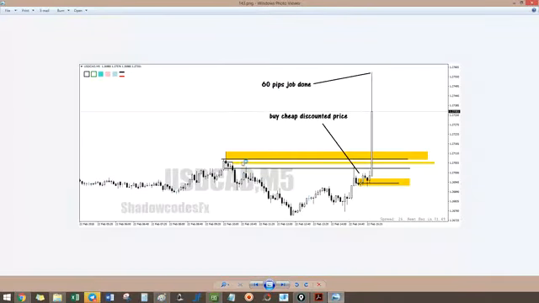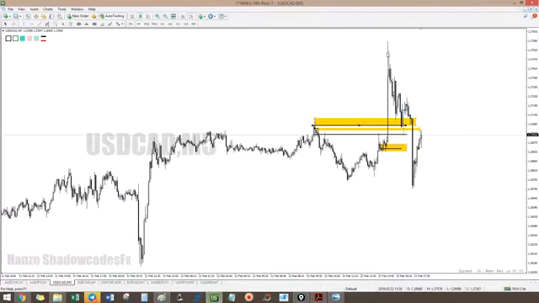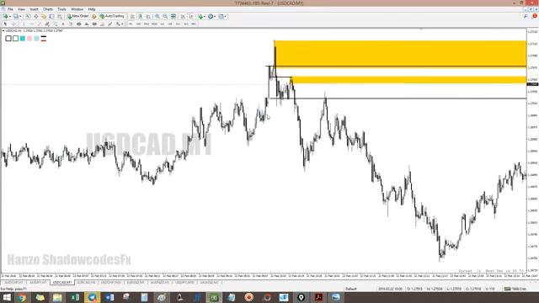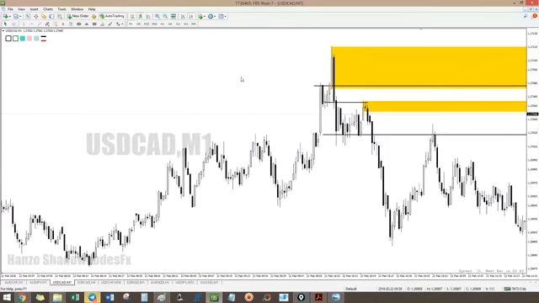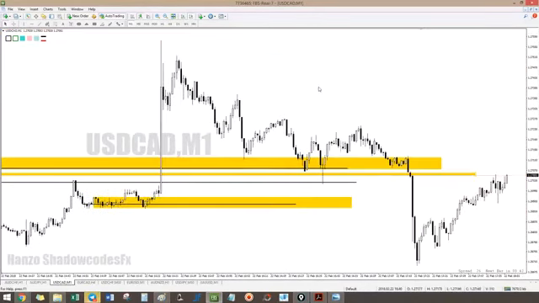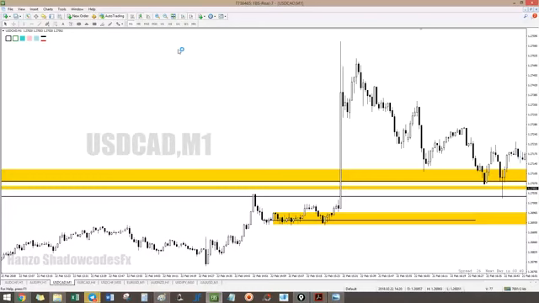Even though we got a clean break here in M5, let us go to USD over here, the one that I already marked. Drop down to M1. Over here, we got a clean break, correct? I already drew this clean break, and I waited for rejection. But what happened is something like this.